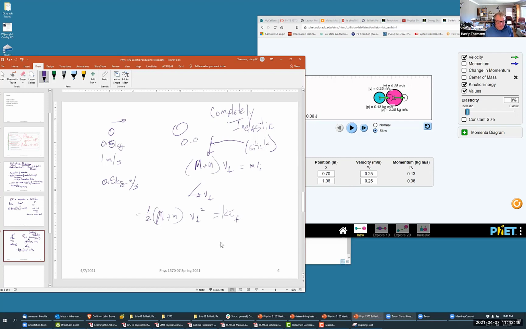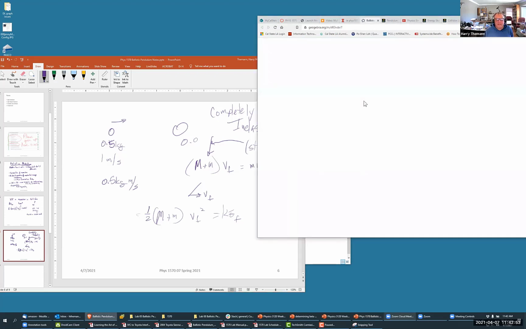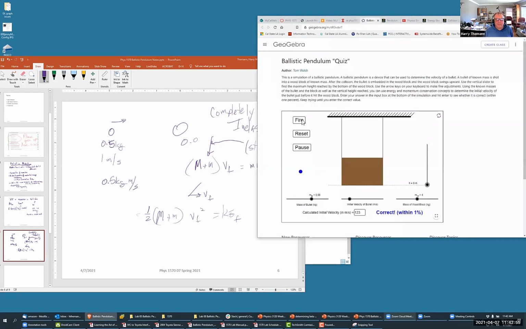And we should know from the pre-lab that a ballistic pendulum is an example of an inelastic collision. It's set up that way so that the bullet stays in the target mass.